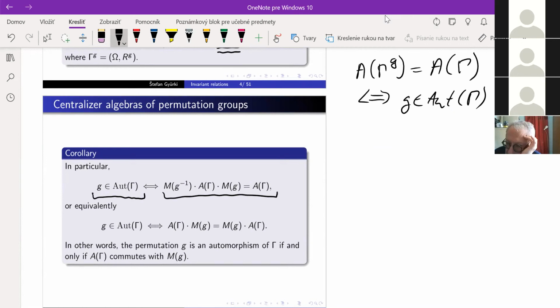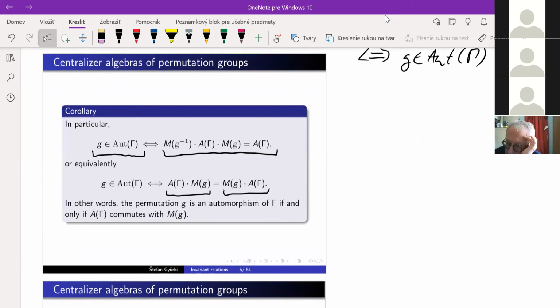Equivalently, we can say that the permutation matrix of G commutes with the adjacency matrix of the graph if and only if G is an automorphism of the graph gamma. So this is very important knowledge, because just using the matrices we can precisely characterize the automorphisms of a graph.